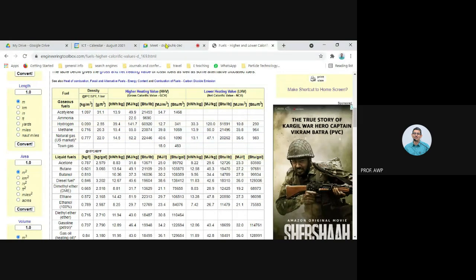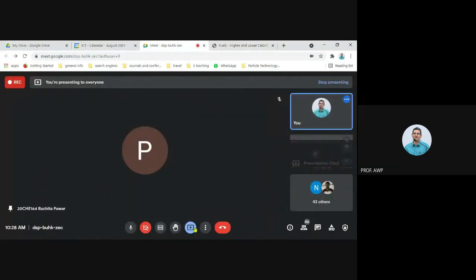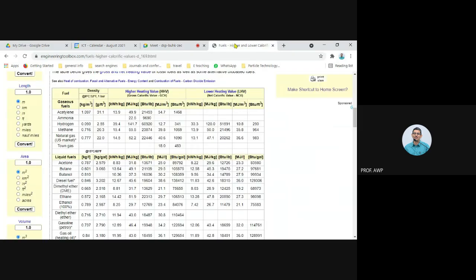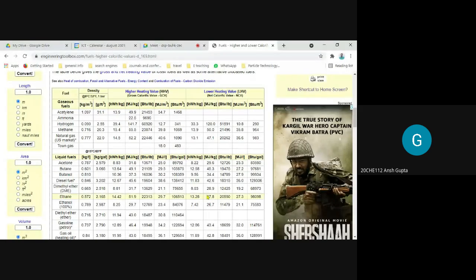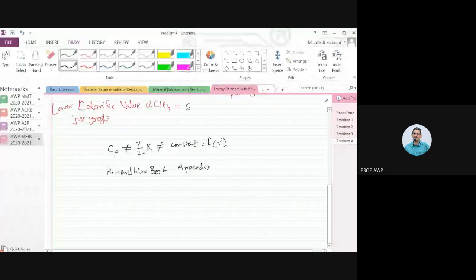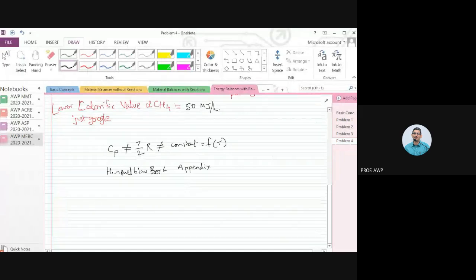Are you able to see? Do you agree? Now if I stop sharing this and share the notebook again, the lower calorific value is 50 megajoules per kg, and Cp you can take as a function of A, B, C, D.